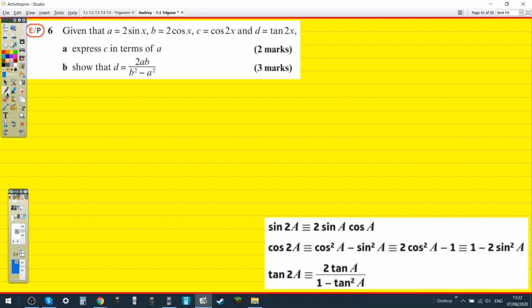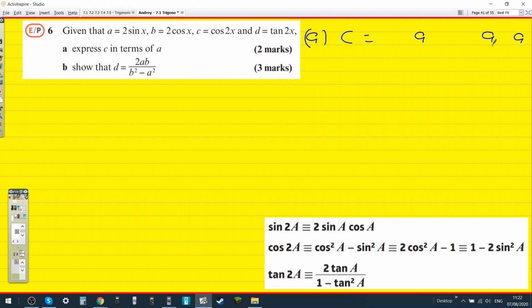Express C in terms of a. So that means your answer should be C equals, and it should only have a's over here. There should be no x or any other letter.